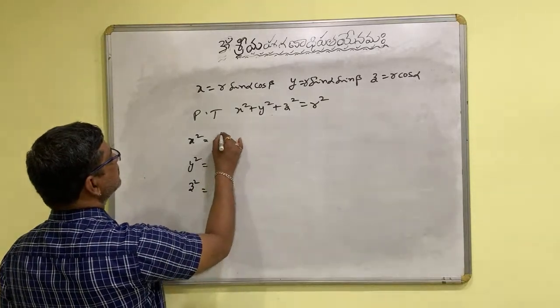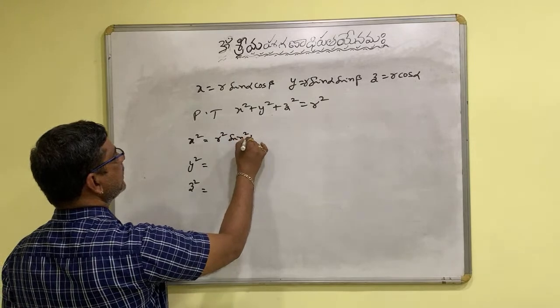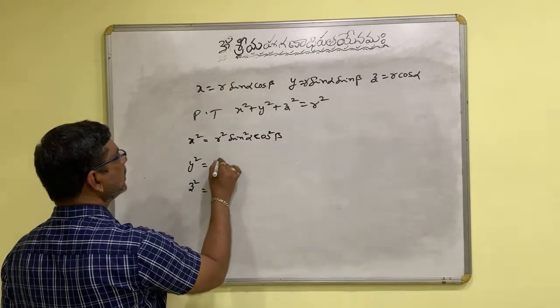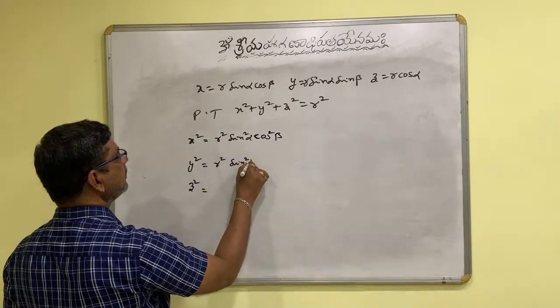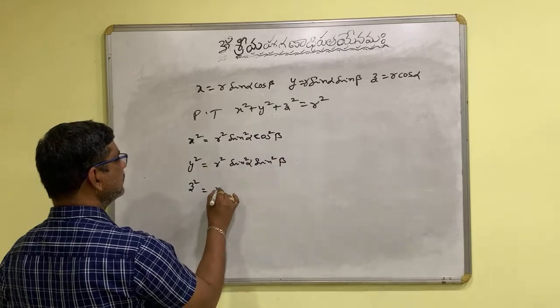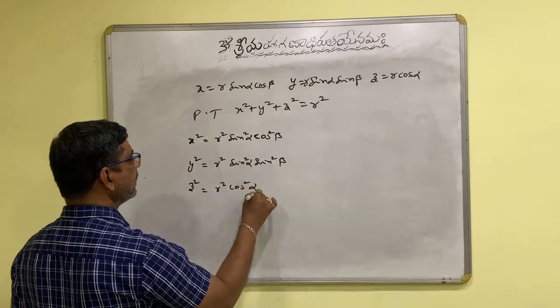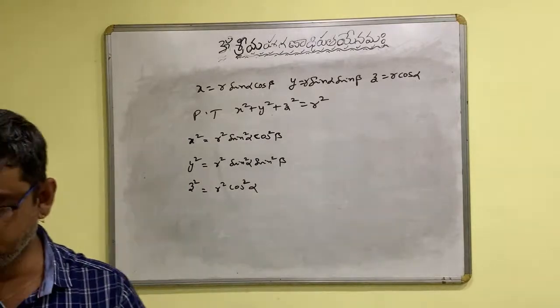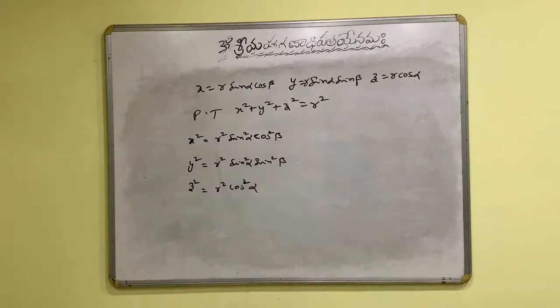X square is r square sin square alpha cos square beta. Y square is r square sin square alpha sin square beta. Z square is r square cos square alpha. So x square, y square, z square done.